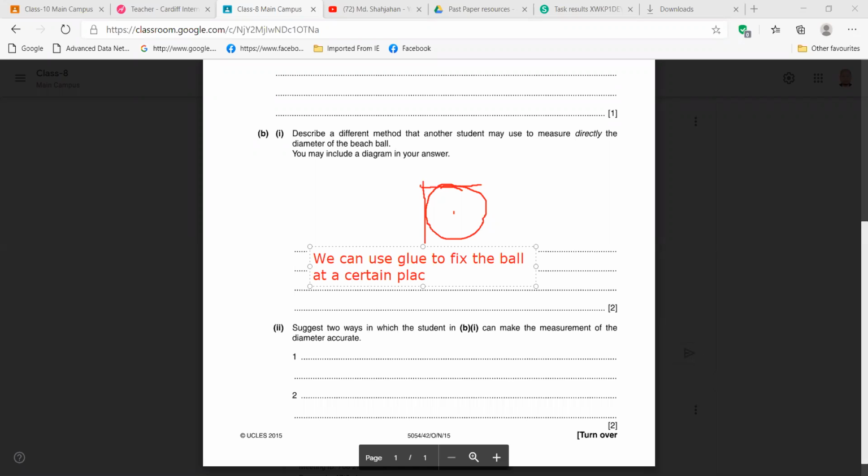Then use two rulers, right? Yes. Sir, it would be better to write meter rule, 1 meter. Okay, two meter rules to get the measurements, avoiding parallax errors.